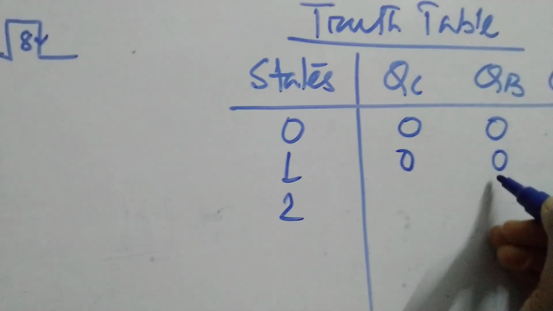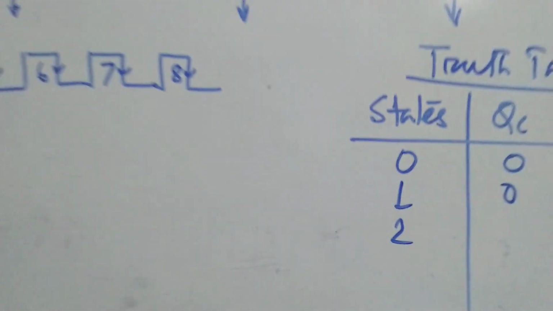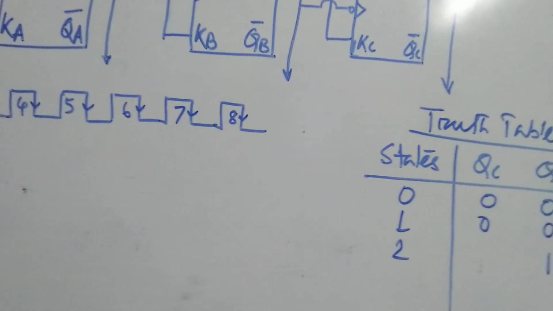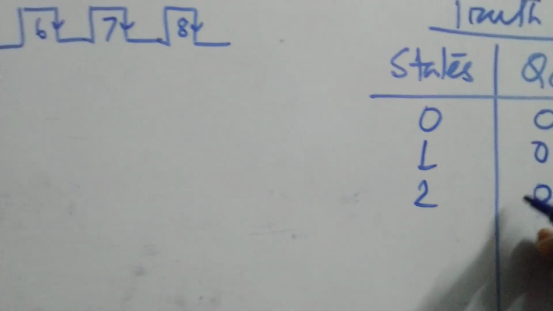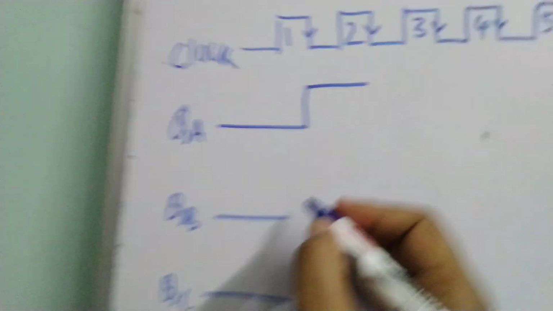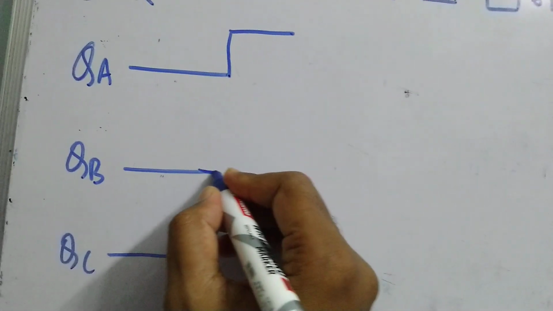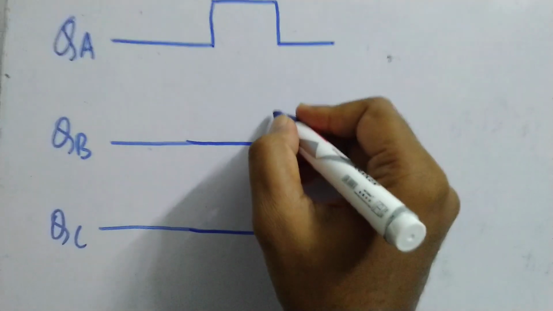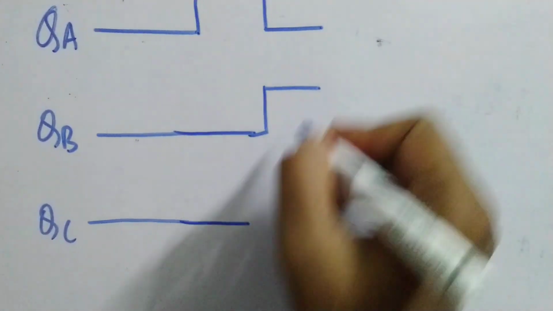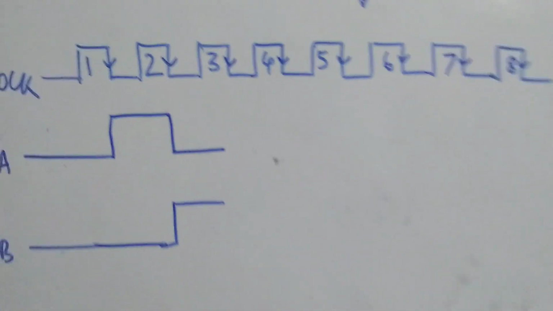So it was 0, now it is 1. And when QB is 1, the third flip-flop remains unchanged. So they remain the same.